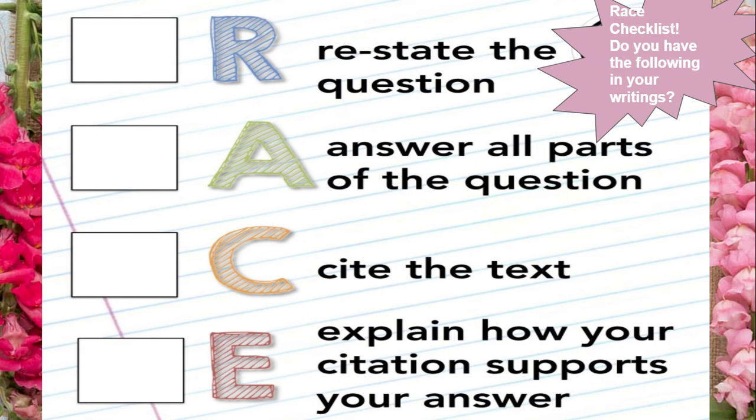Again, let's do a RACE checklist and see if you have the following in your writing. Restate the question, answer all parts of the question, cite the text, explain how your citation supports your answer. RACE.